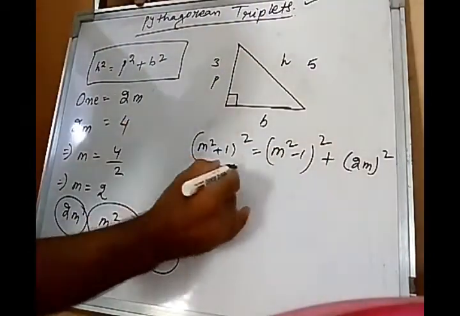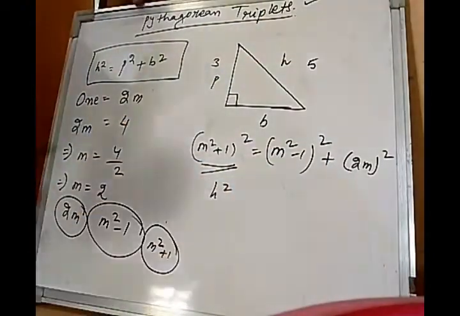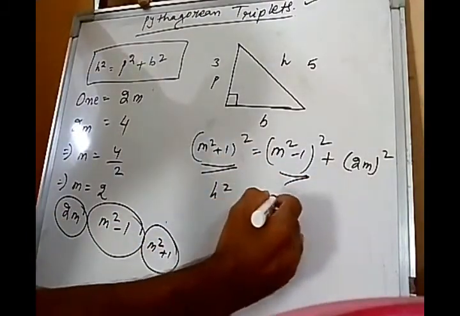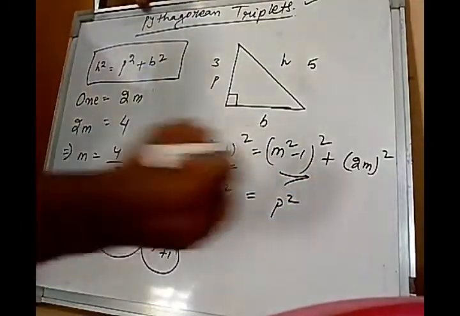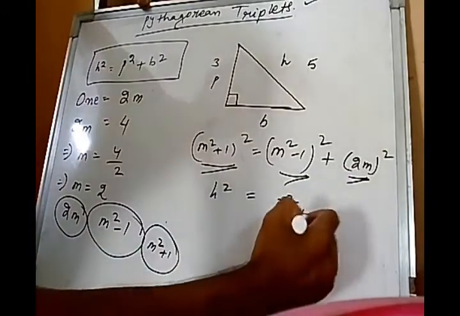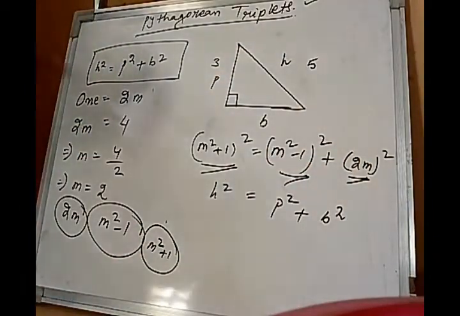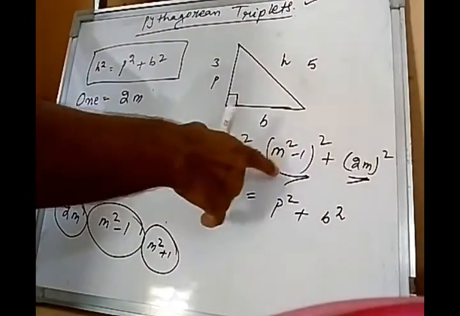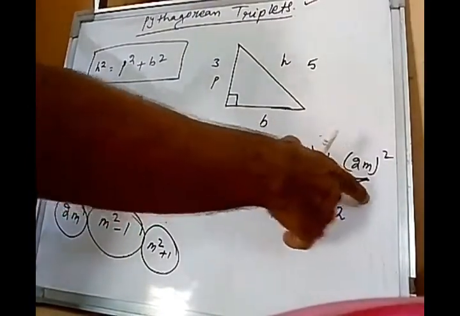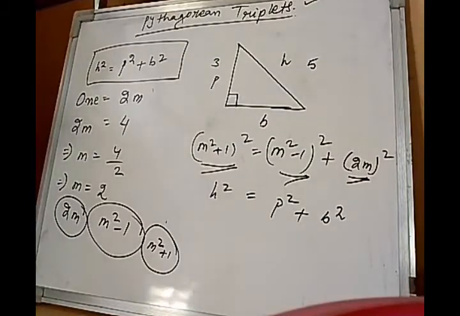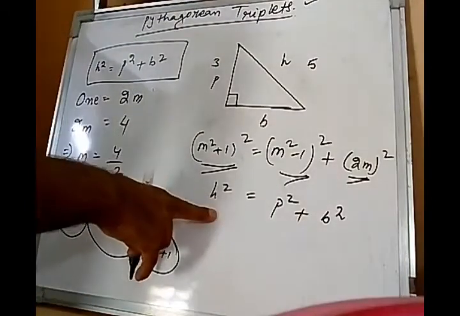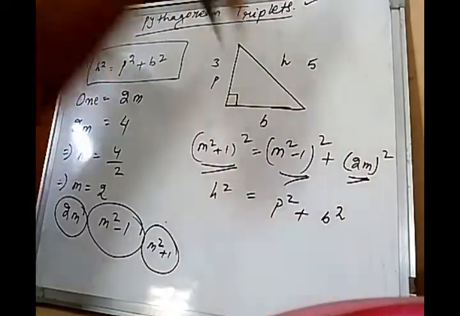This one is h, so h square. This one is p, so p square, this one is b, so this one will be b square. So here m square plus 1, m square minus 1 and 2m, these three Pythagorean triplets are in the form of h square equals p square plus b square.